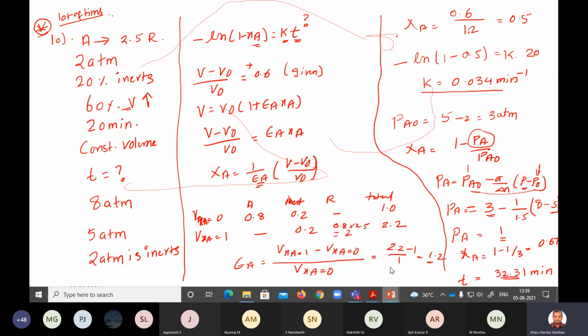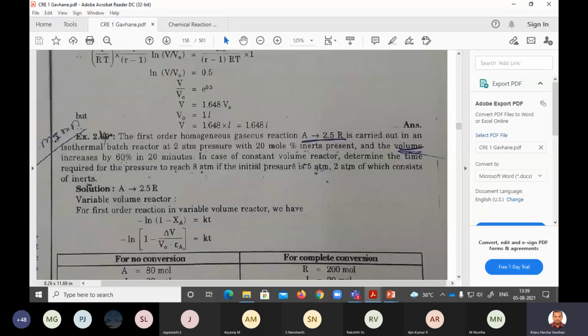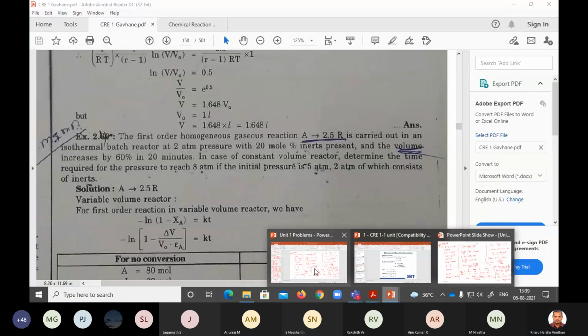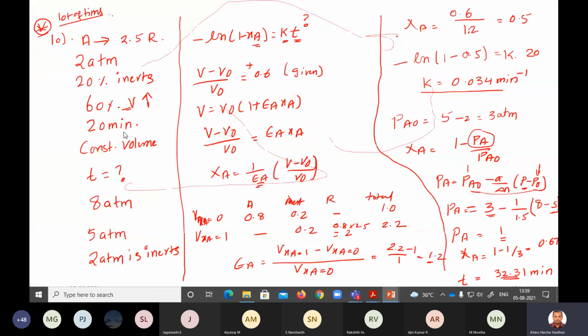Yes, 60% volume is increased in 20 minutes. So that is case number 1. For constant volume, he is asking what is the time required for the pressure to go to 8 atmospheres, starting at 5 atmospheres. Out of the 5 atmospheres, 2 atmospheres is inerts. Right?